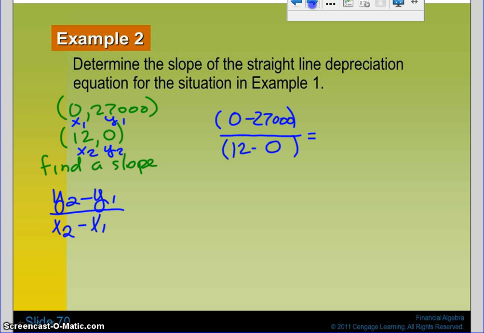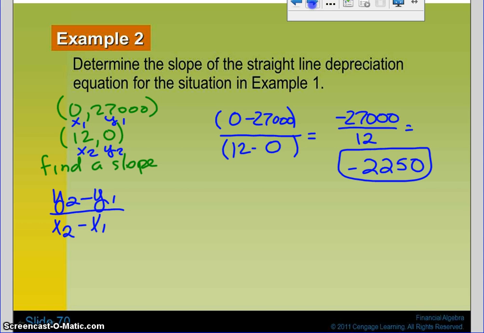When I do the subtraction here, I get negative 27,000 all over a positive 12. And when I divide the 12 into the negative 27,000, the slope is negative 2,250.